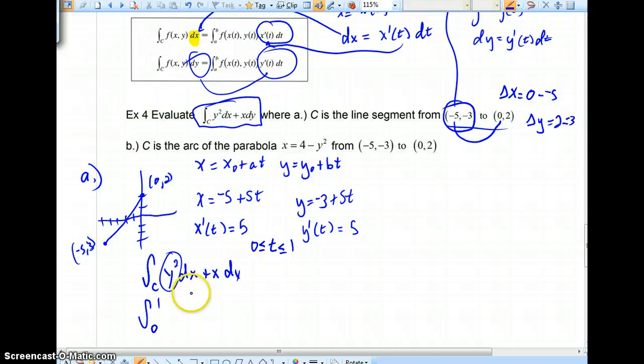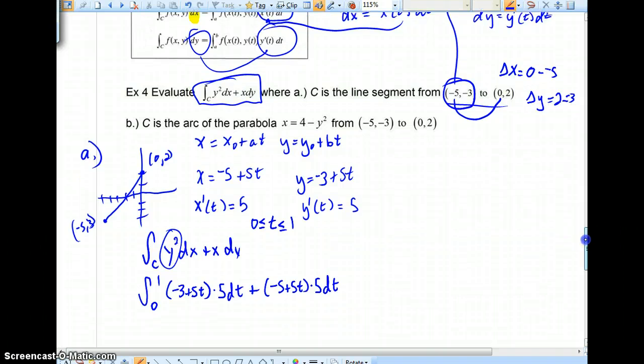Where we've got y squared, well, we said that y was -3 plus 5t. Our dx is x prime of t, which is 5, and then we'll put a dt in there. Plus, what about our x right here? X is -5 plus 5t. But what about dy? Well, dy is going to be y prime of t, which is 5. And then we'll have dt.